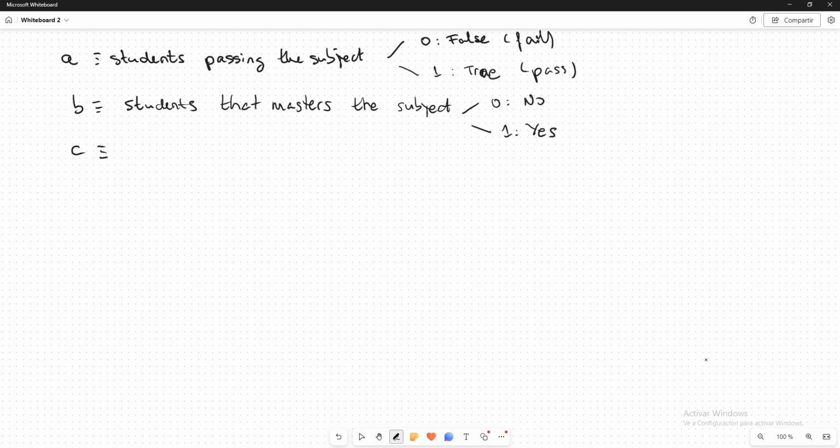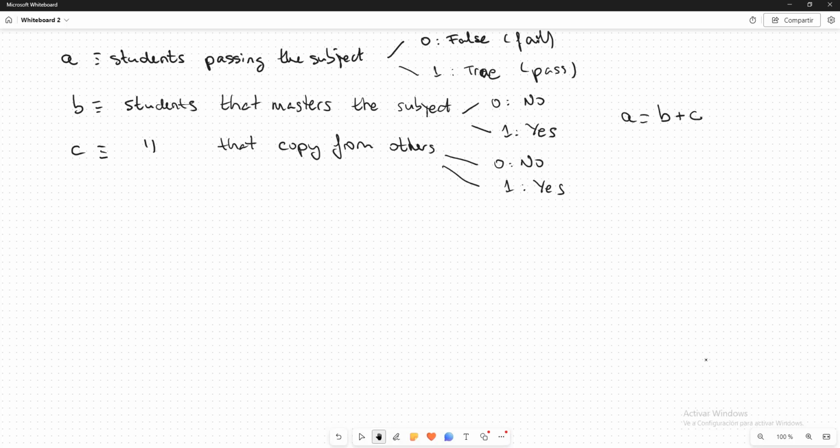And C is going to be, for example, the student that copies from others. So 0, no, they don't copy. 1, yes, they copy. So we can say, for example, that the function A, the students that pass the subject, can be the student that has studied plus the student that has copied.